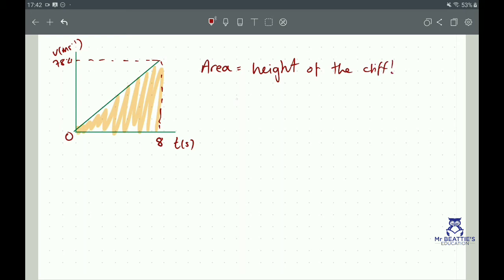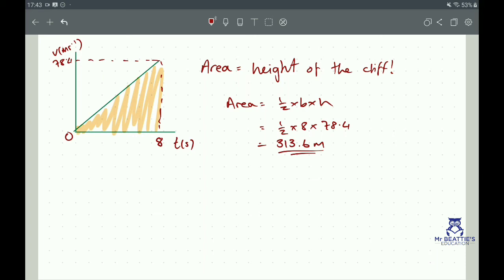So in this case we've got a triangle. The area of a triangle is a half times base times height. Okay, and so with our half times base times height, we're going to have a half times 8 times 78.4, which comes out as 313.6 meters.